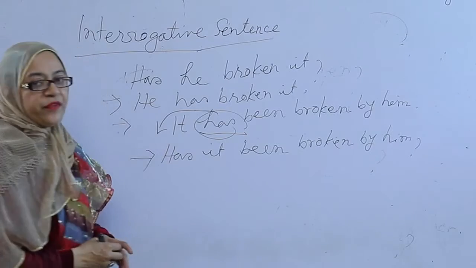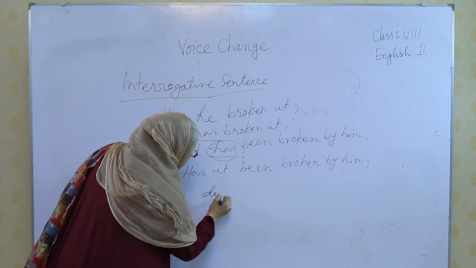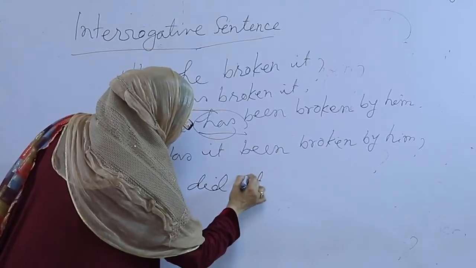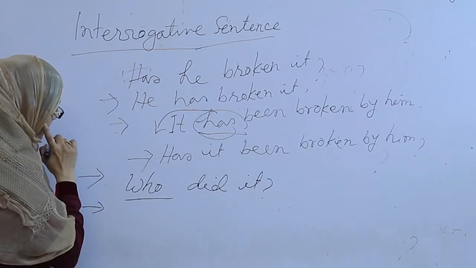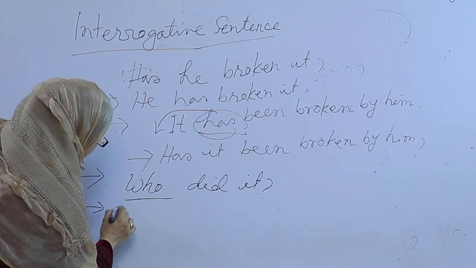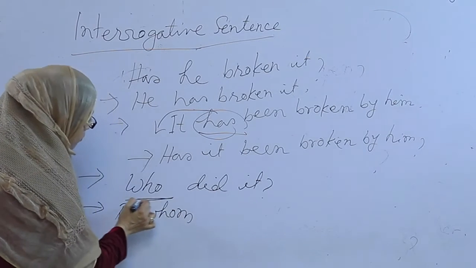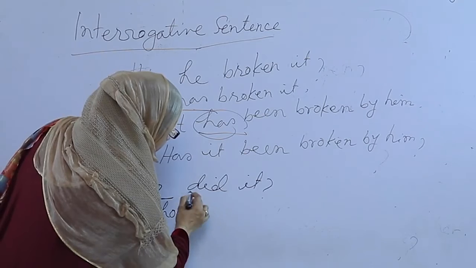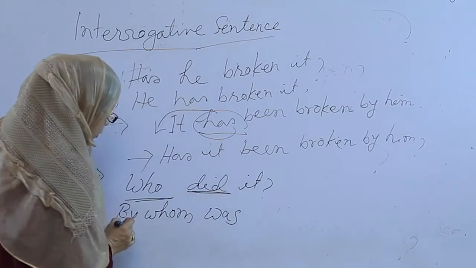Look at another example, who did it? When we turn it into passive, we use by whom instead of who. By whom? Use be verb was because it is past form.